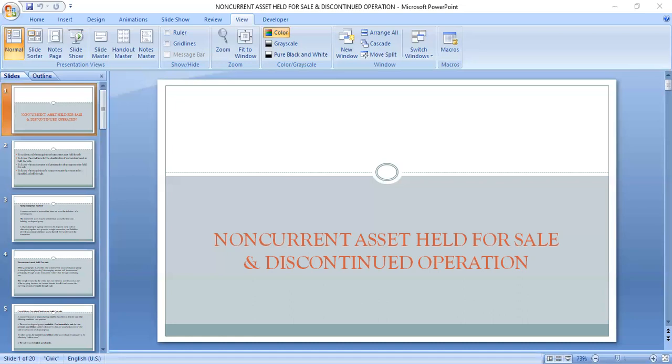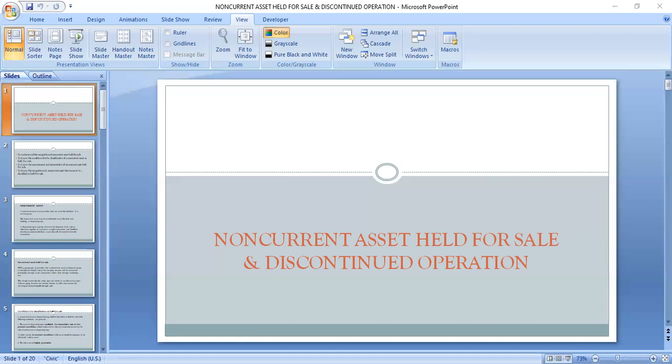If the fair value less cost of disposal is lower than the carrying amount of the asset or disposal group, the write down to fair value less cost of disposal is treated as an impairment loss. If the non-current asset is a disposal group, the impairment loss is apportioned across the assets based on carrying amount after writing off any goodwill first.